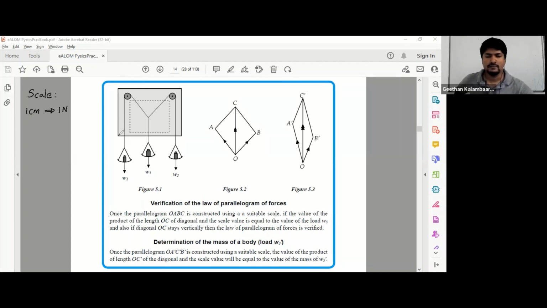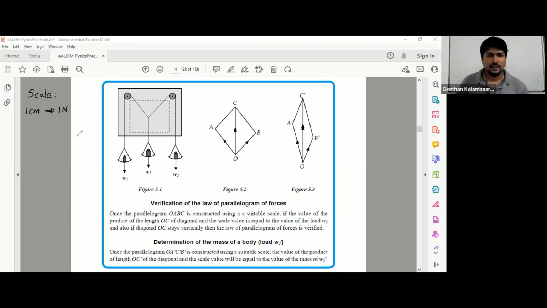That is my scale. Since I know the weights W1, W2 and W3, I know how many centimeters the length of those vectors is going to be. So we have introduced a scale.